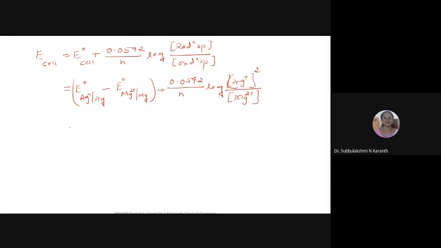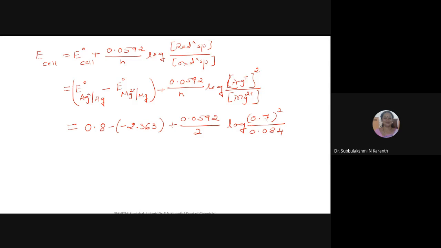And you know the electrode potential of the silver electrode is 0.8, minus of minus 2.363, plus 0.0592 over the number of electrons transferred, 2, log concentration of Ag plus ion, that is 0.7 to the power 2, divided by 0.084.